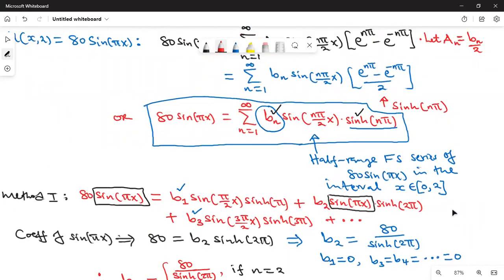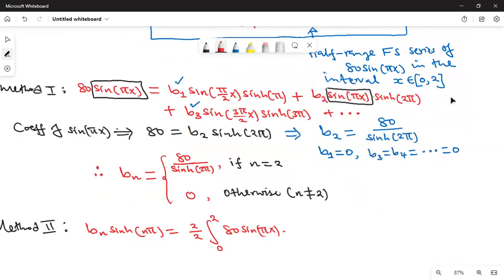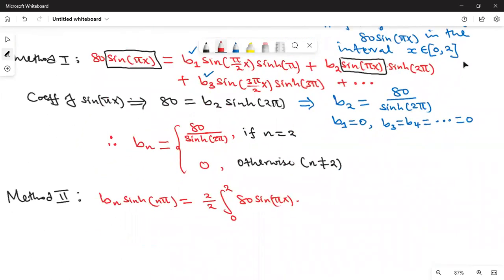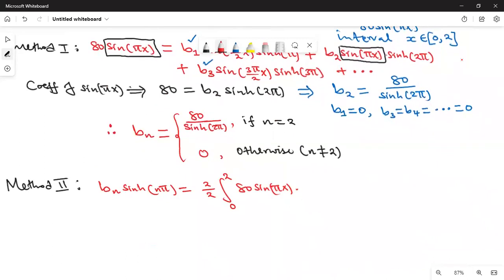Sine n pi over 2x. So the other one is sine n pi over 2x dx. And you see 2 over 2 is 1, so I don't even need to write this. 2 over 2 is 1.